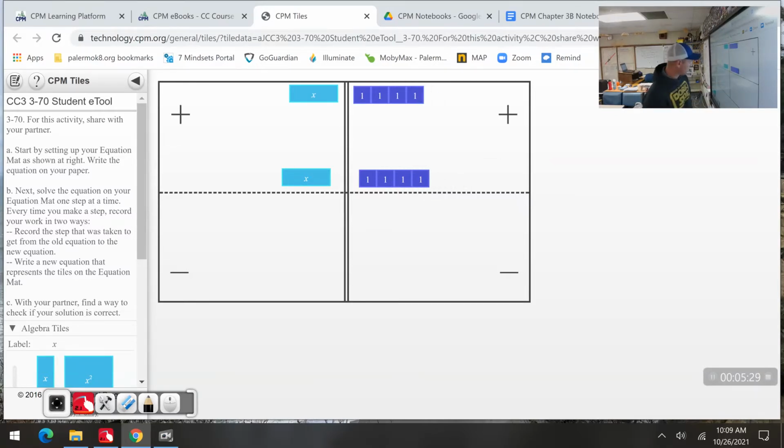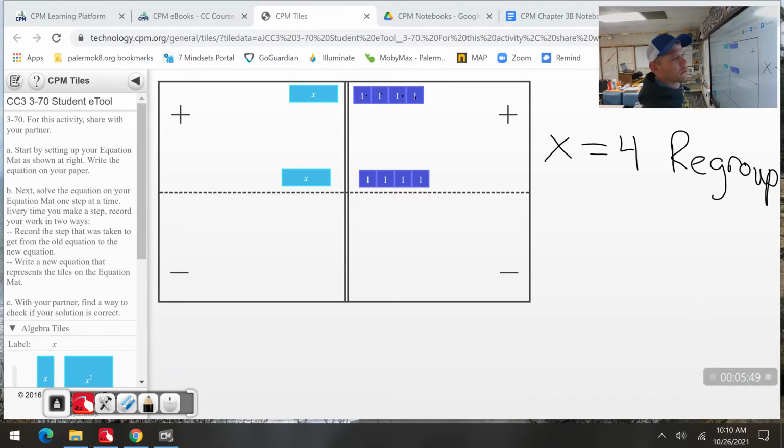Notice no tiles disappeared, but instead of focusing on 2x equals 8, I now have 2 groups of x. I've got x singled out. X equals 1, 2, 3, 4 tiles. That is called a regroup.